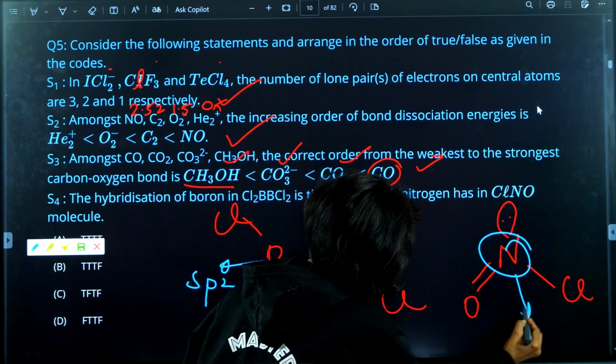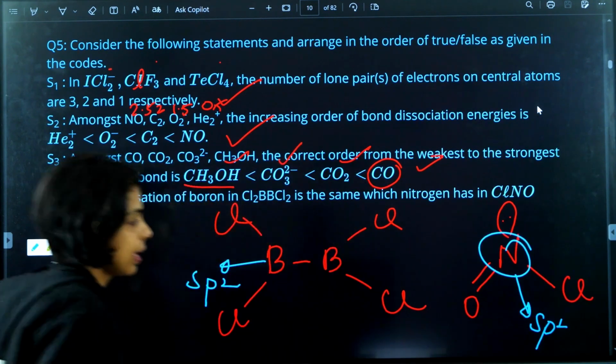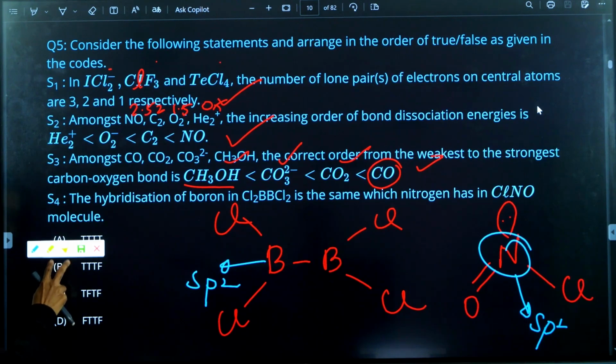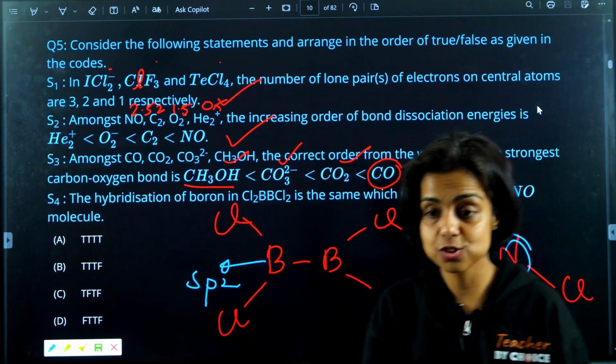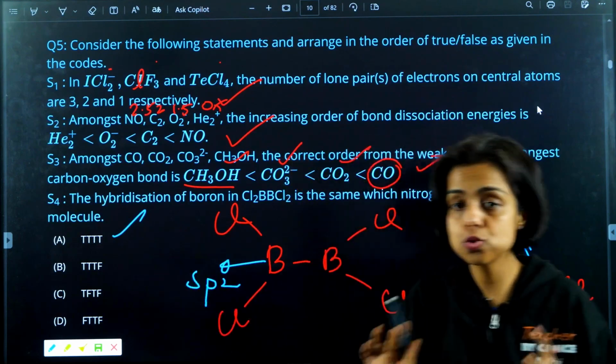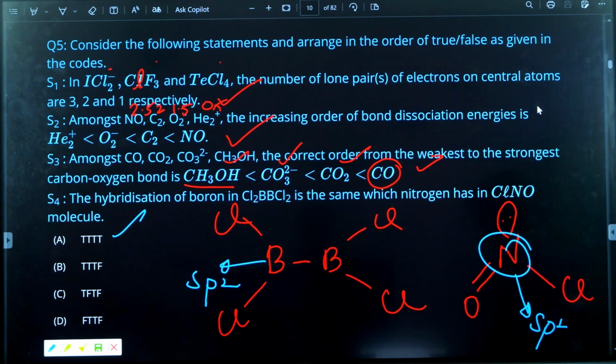So both have the same hybridization. So all the statements given in this question are correct, and we'll go with our answer as A: true, true, true, true. Please check. I hope you got it right. So the answer indeed is A.